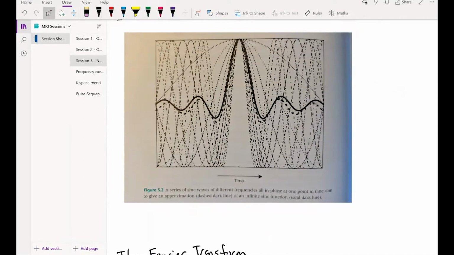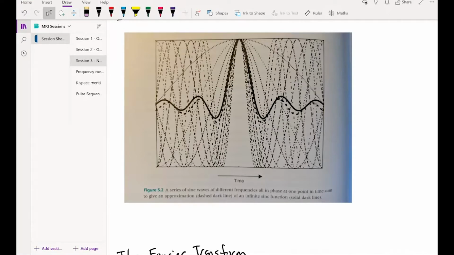Now, if we put that black line function into the Fourier transform, we will get a bunch of delta functions in frequency space, or essentially just those lines at different frequencies with various amplitudes, and that will tell us which signals are present in this bold black line function and what amplitude they are at.